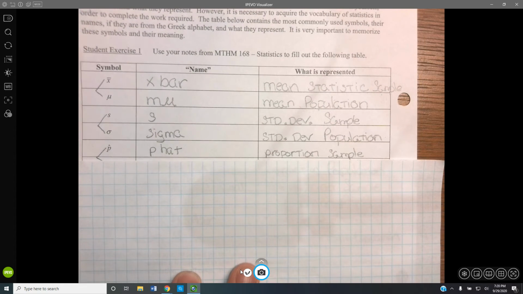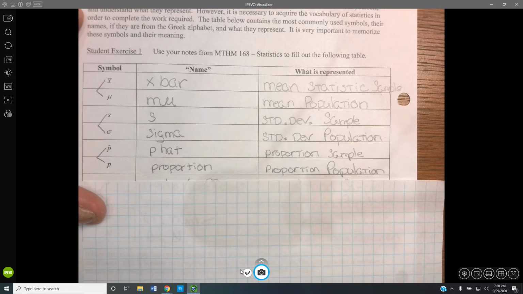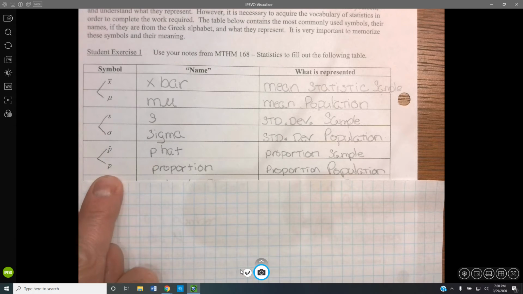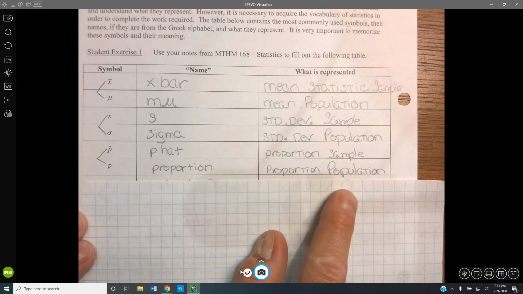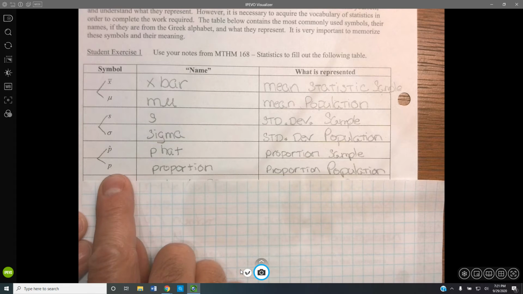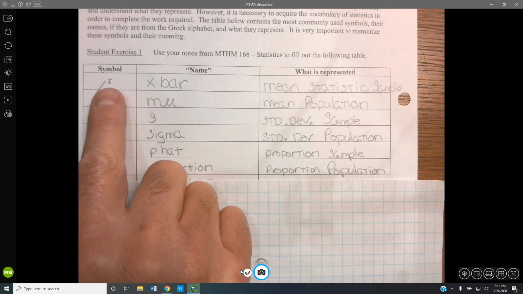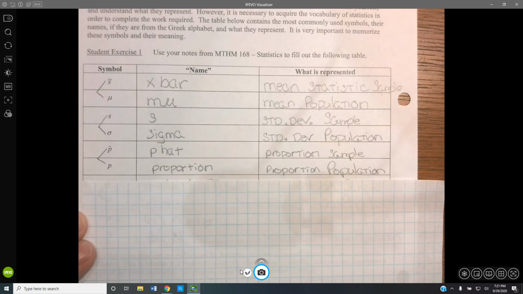If we're looking for the proportion in a population, it's just referred to as p, and a p value will go with a population proportion. P hat and p go together like S and sigma go together, like X bar and mu go together.